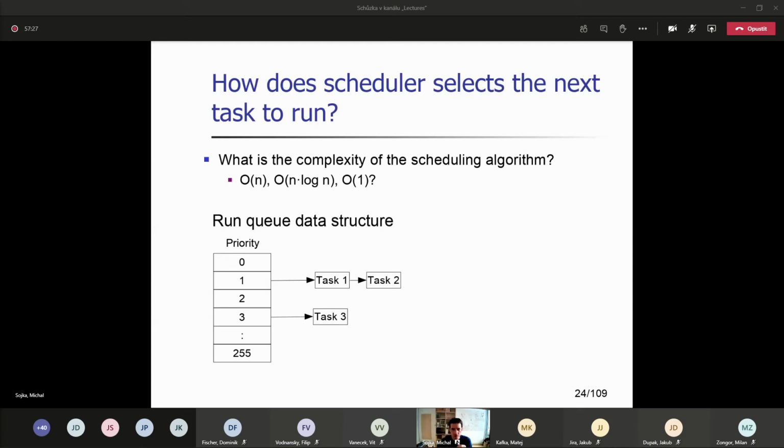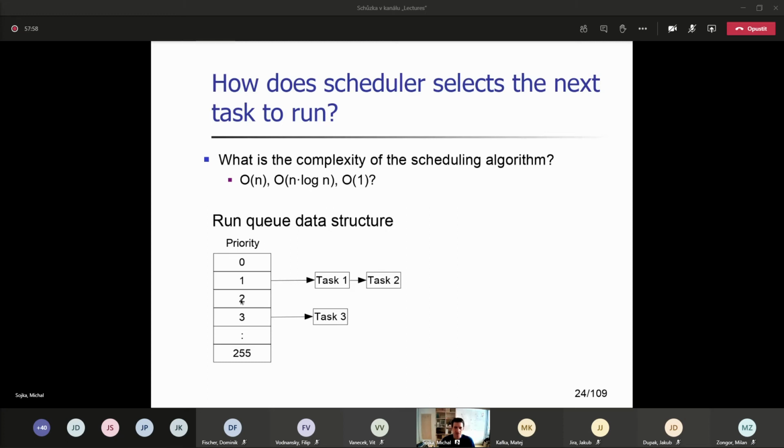So what you can do is have 2 bitmaps. One bitmap would be for a group of, I don't know, 16 priorities, and then you would have a second bitmap for each of those 16 priorities. So instead of executing this find first bit instruction once, you would execute it just twice, and the result would be the highest priority.